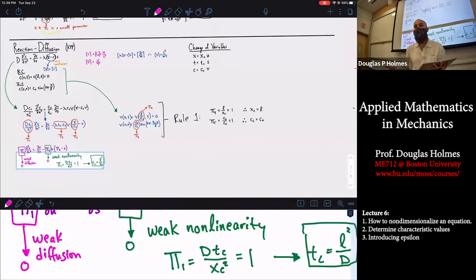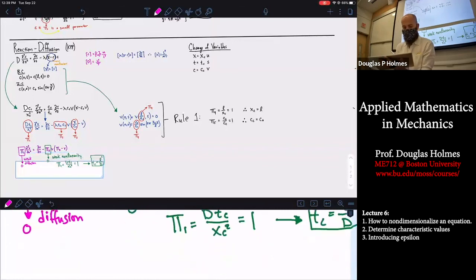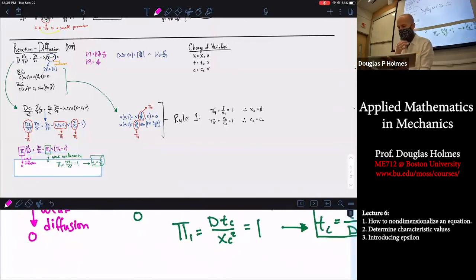So maybe the nonlinearity is really important at all times, and the diffusion is really not important immediately. In the weak diffusion case, let's see here, and then I'll go back and write both of these equations out with the new terms inserted.